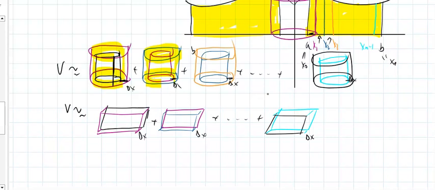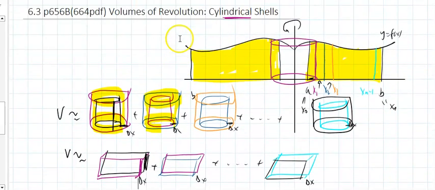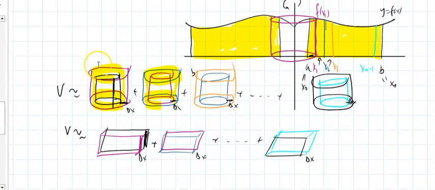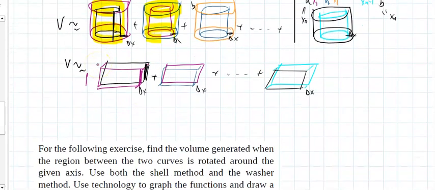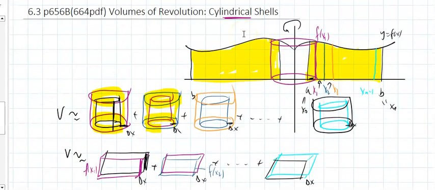This height here, that is f of x sub 1. Here, it's f of x sub 2, and you can see it right there.